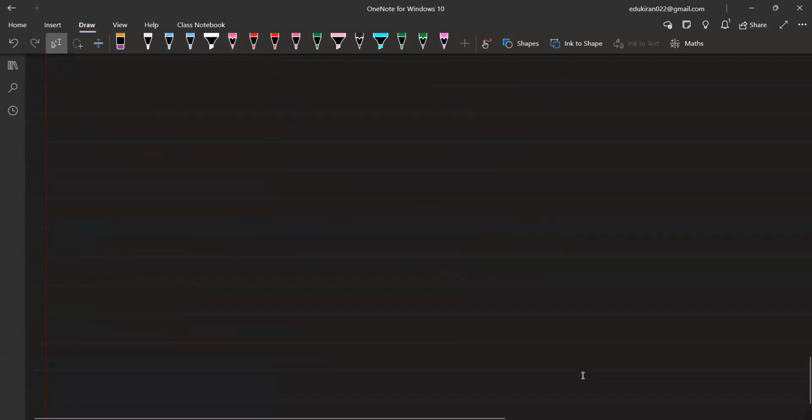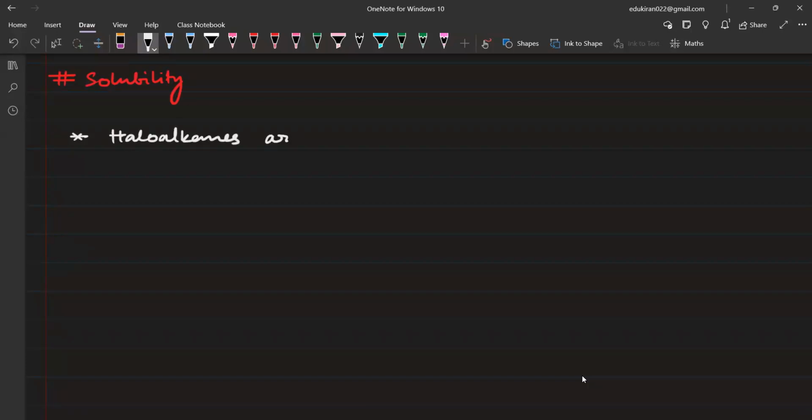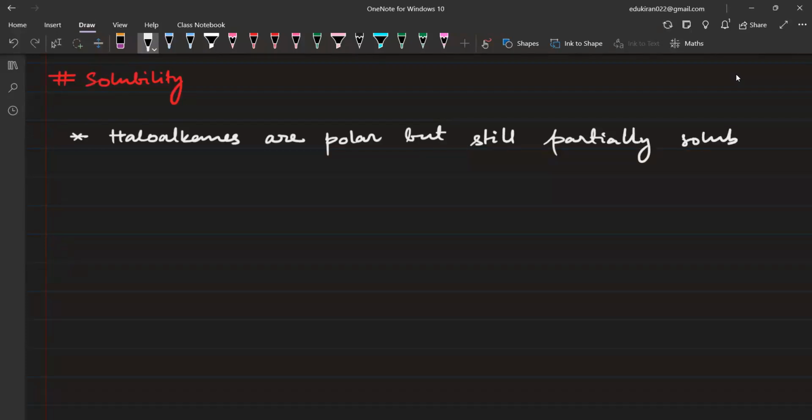The last in physical properties is the solubility. Haloalkanes are polar, but still partially soluble, that is, immiscible in water.